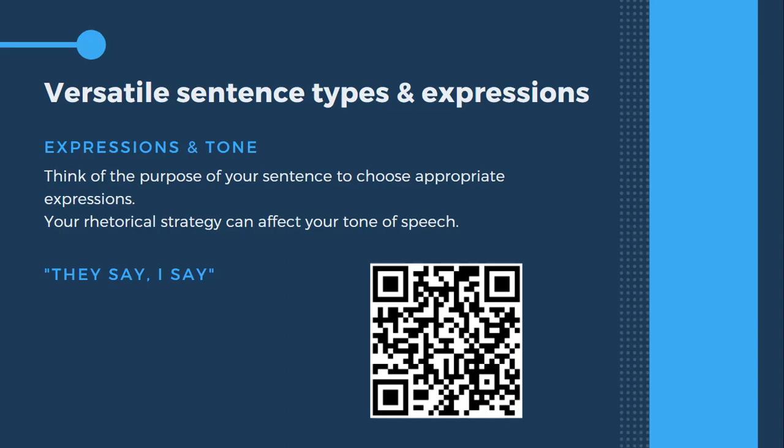We also have a sentence to present a certain opinion if we're talking about a certain debate. So whenever you're writing a sentence, you can think of what you want this sentence to serve as in that body paragraph, so that you can choose the appropriate phrase and expression to write it.